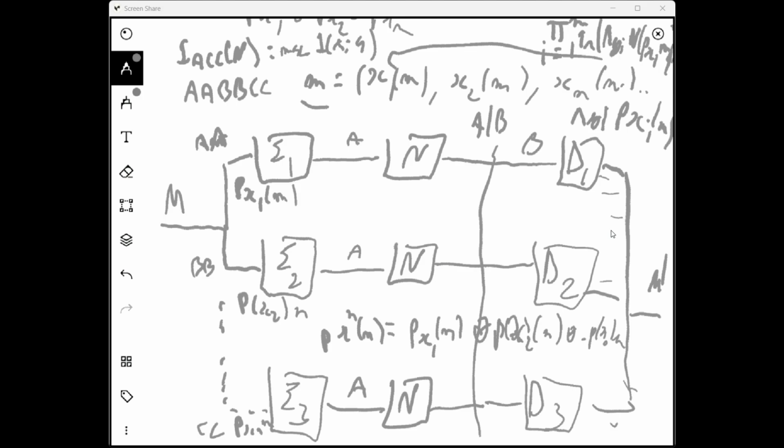But now if we consider coding for the tensor product channel N to the n, suppose when you encode, you take two photons, for example. So you encode two photons, and this time you can have some entanglement here too.